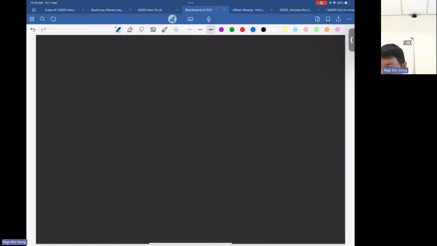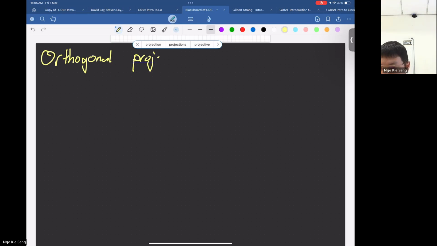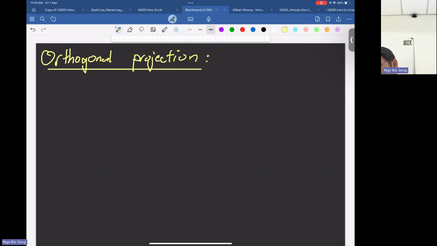Right. So here the concept is called orthogonal projection. Okay, so just now I gave you an idea, right? If they are linearly independent, either they are 90 degrees to each other or they are not. So we're going to talk about this general situation here.